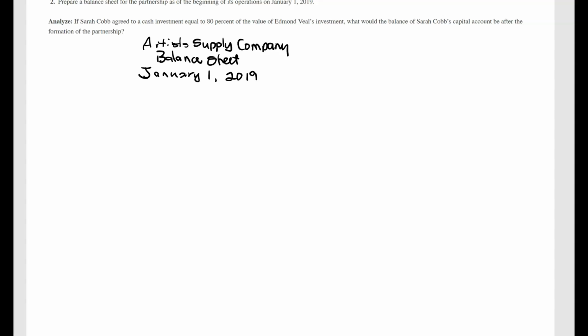So we're going to start with our assets. And we have cash, accounts receivable, and then of course we have the allowance for doubtful accounts.